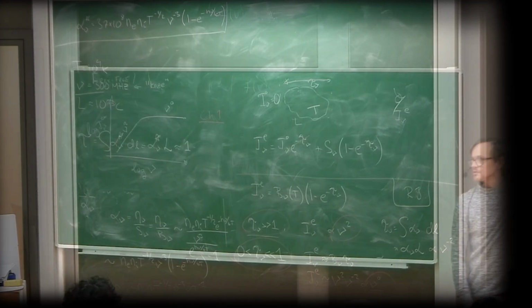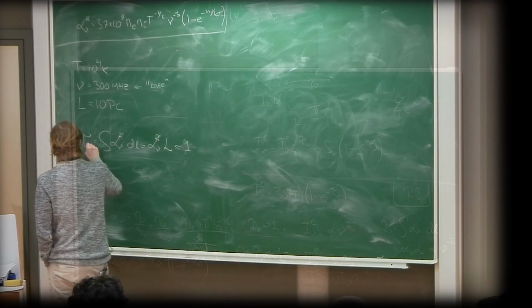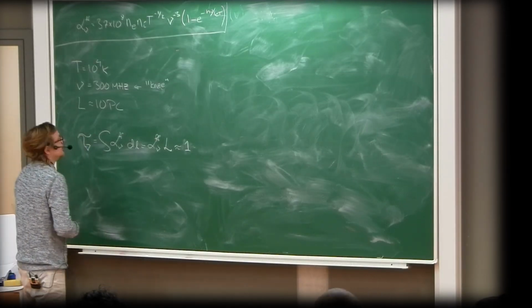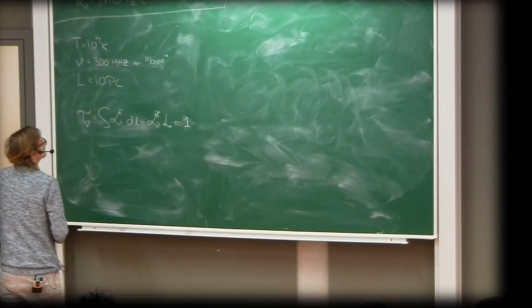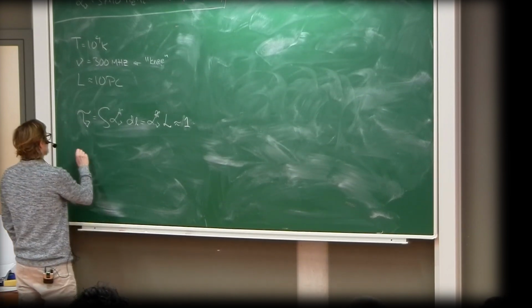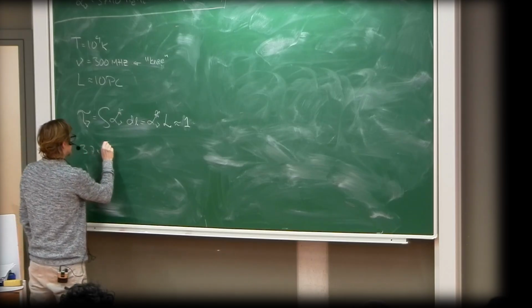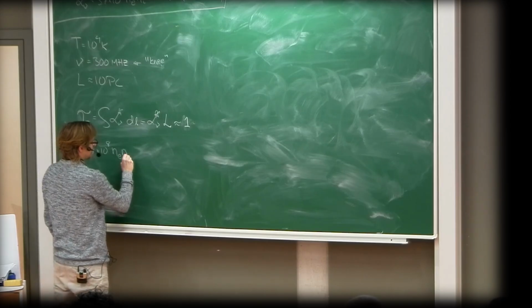Okay? Tau nu. Now, what do we have then? Well, we just have that the optical depth is 3 times 10 to the 8, times the number of electrons, the number of protons.